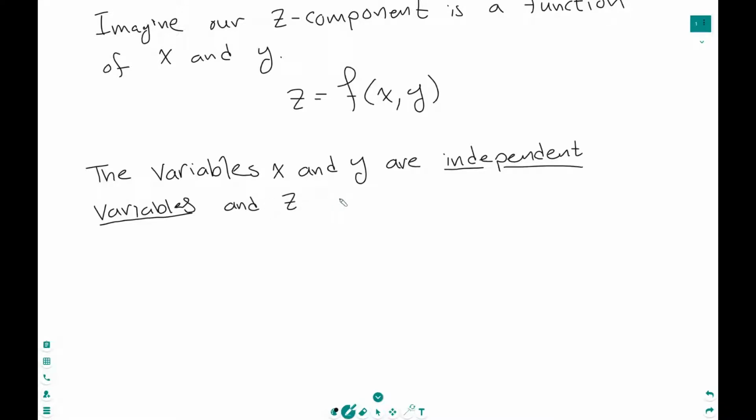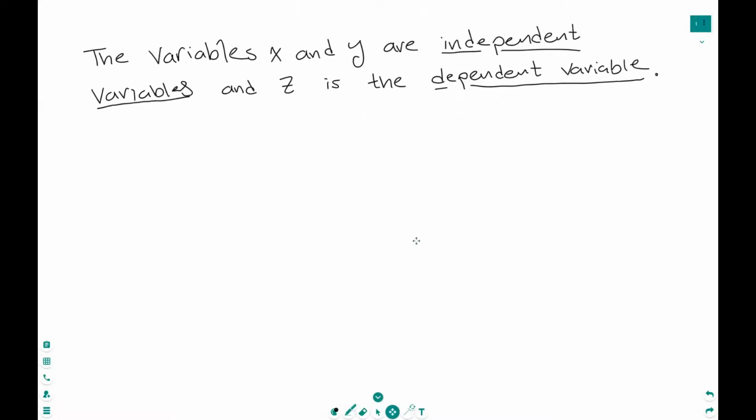And z, in this case, is the dependent variable. Right? So z necessarily depends on the values of x and y.